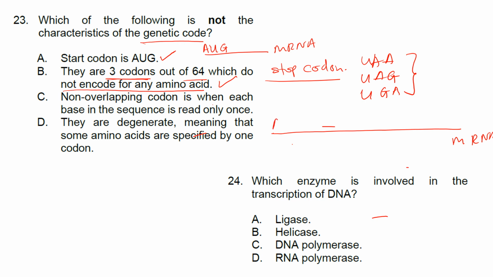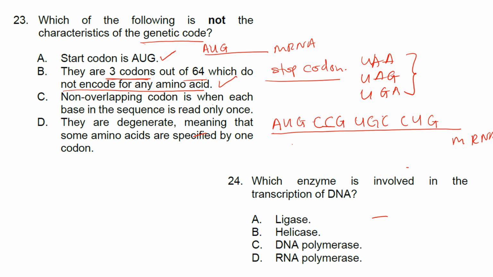For example, it can read as AUG as the start codon, and then you have another 3, such as CCG, CCUG.